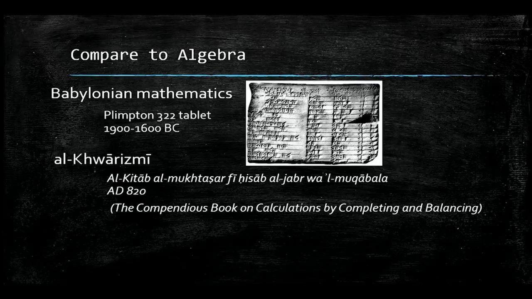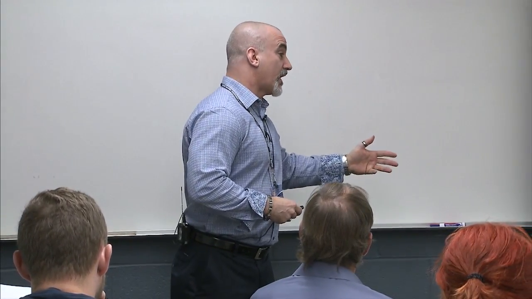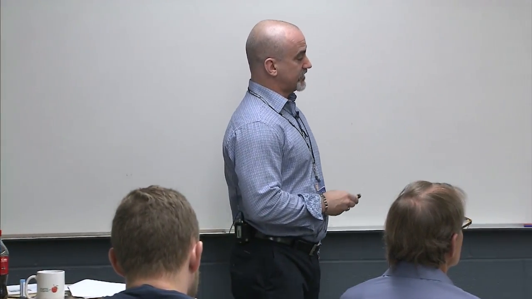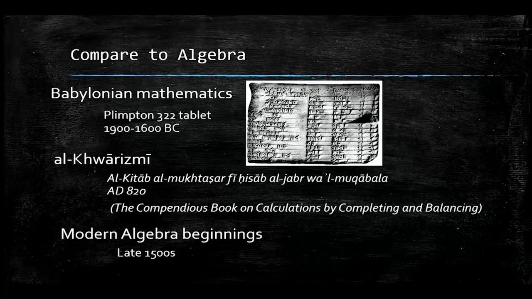Of course, this one was written in words, so if you open it, I imagine it would look more like a novel. Even if you had the number 16, it didn't say number 16, it wrote out the number 16. So still a little different than what we're used to. And then modern algebra began in the late 1500s, and then we started having the symbolic algebra that we're used to. But the point is, both of them have been around a long time.